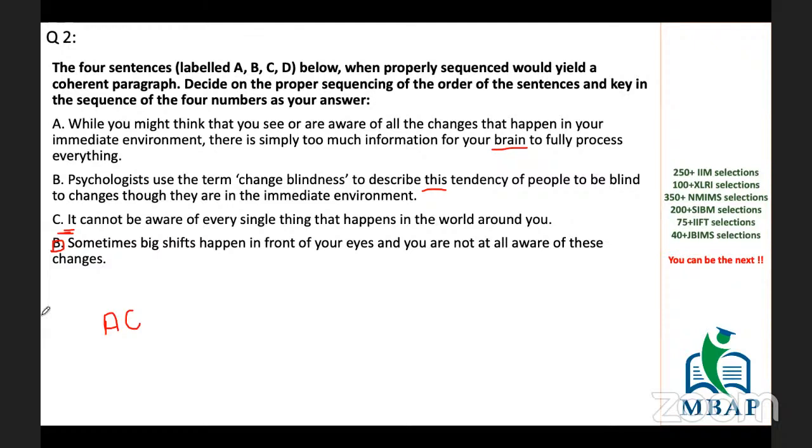Give it one more read. Psychologists use the term change blindness to describe this tendency of people to be blind to changes in the immediate environment. Sometimes big shifts happen in front of your eyes and you are not at all aware of these changes. Okay, so first I need to identify, am I switching the topic?